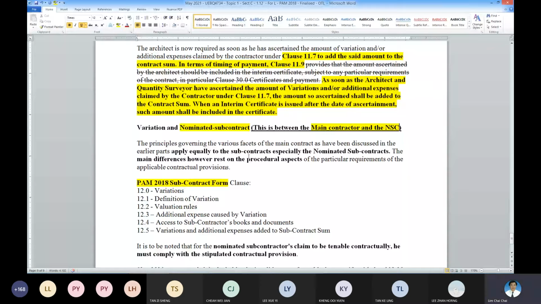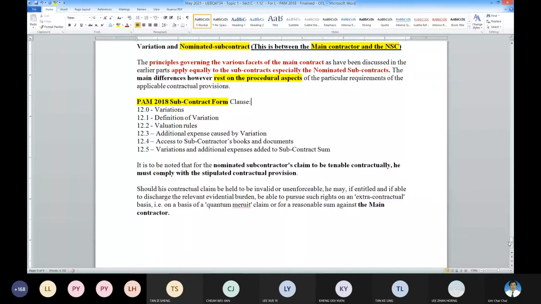So the principle governing the main contract payment is applicable to the NSC's contract. It is only a slight procedural difference. And the clauses applicable under the PAM subcontract are the clauses relevant for the evaluation and processing of the NSC's payment and so on.